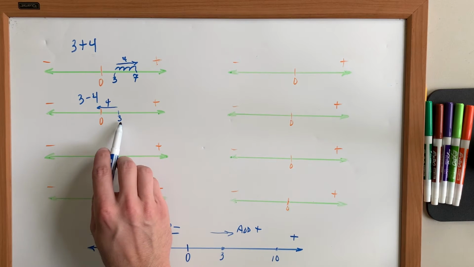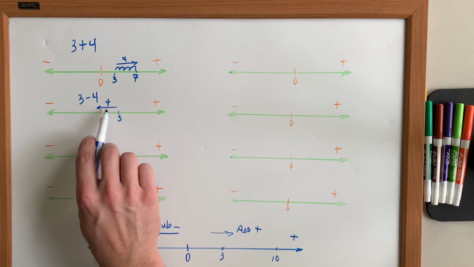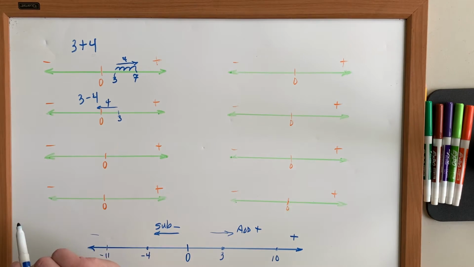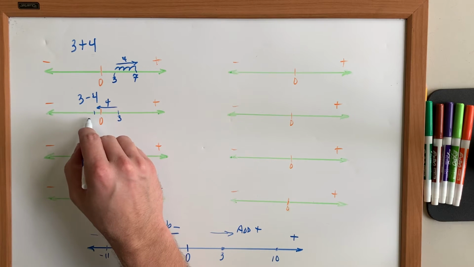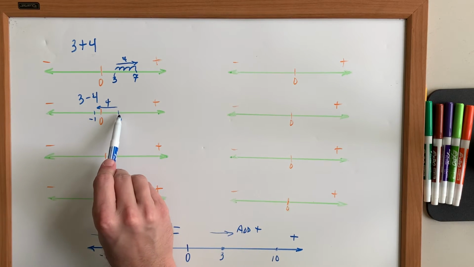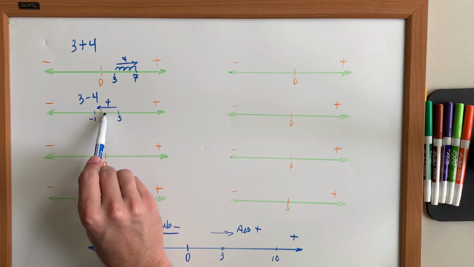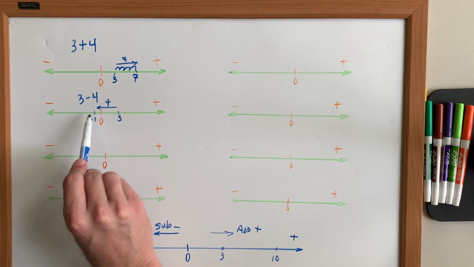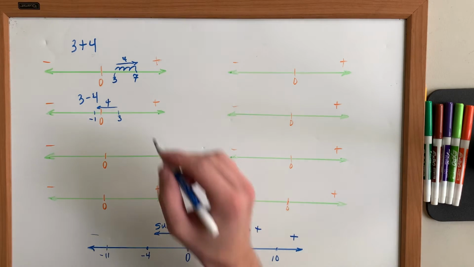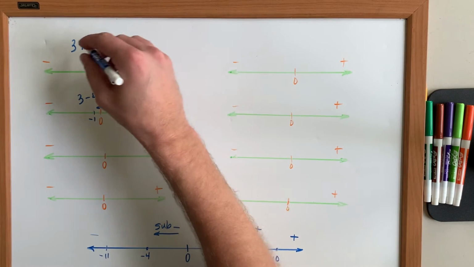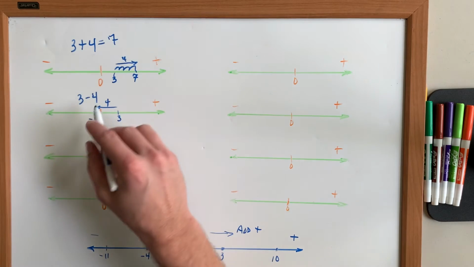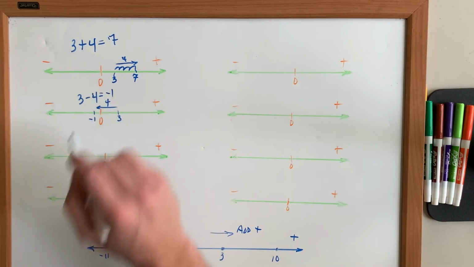So I started at 3 and I moved to the left because it's subtraction, and I moved 4 units. And if I count that out, from 3 I'm going to count 4 spaces and I get 2, 1, 0, -1. There's a pattern here that we can look at. 3 plus 4 is 7, and 3 minus 4 is -1.